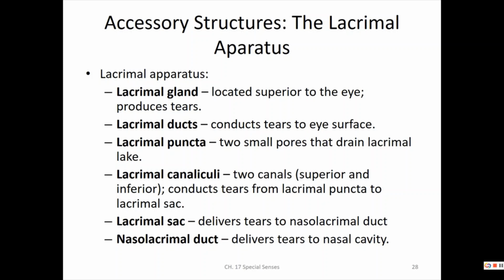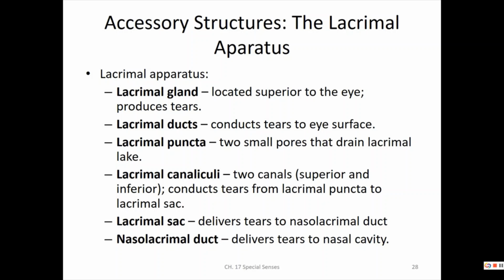And then at the bottom of the eye, basically the space between the inferior palpebrae and the eyeball, we can call that the lacrimal lake. To drain that lacrimal lake are the pores called the lacrimal puncta. Two lacrimal puncta are attached to two lacrimal canaliculi.